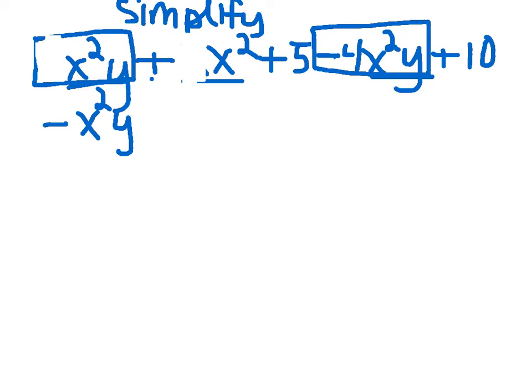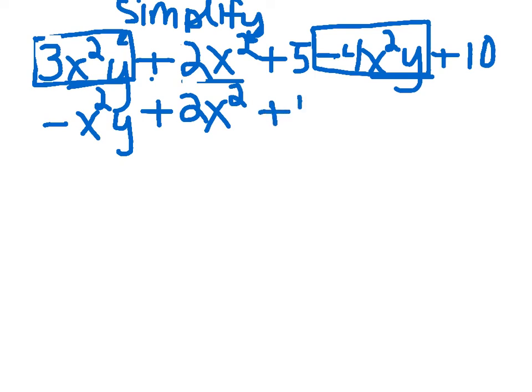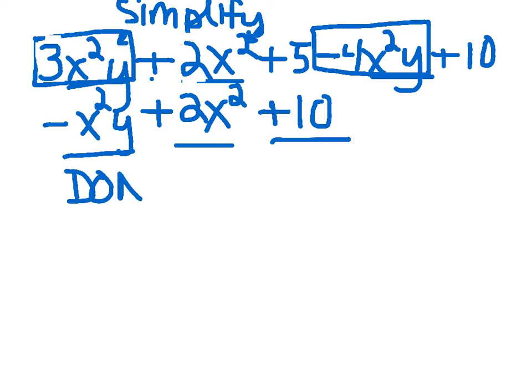This is an x squared y, and this isn't just a plain old x squared. So this one was a 3. Geez, I can't even remember what this was. So let's just say it's 2. I think that's what it was. So negative x squared y plus 2x squared, no like terms to combine it, plus 10. I'm done when I don't have any like terms in my answer, and don't go any further because you don't have like terms.